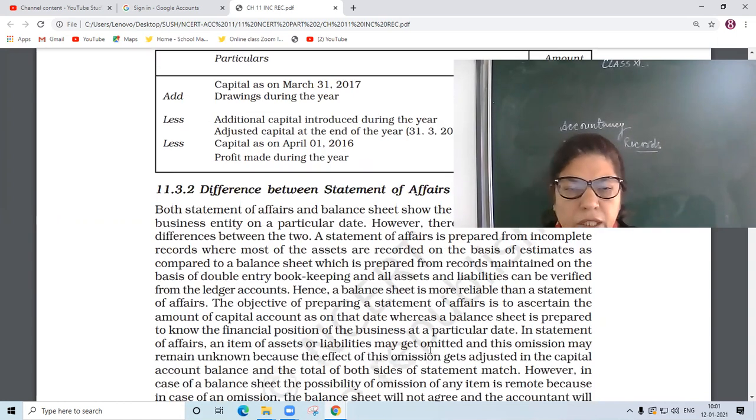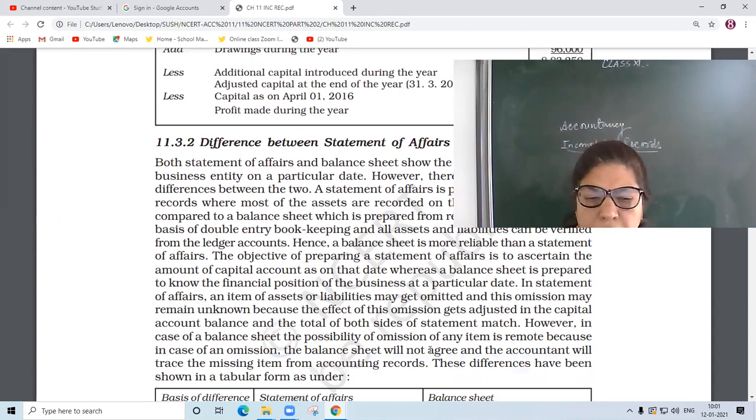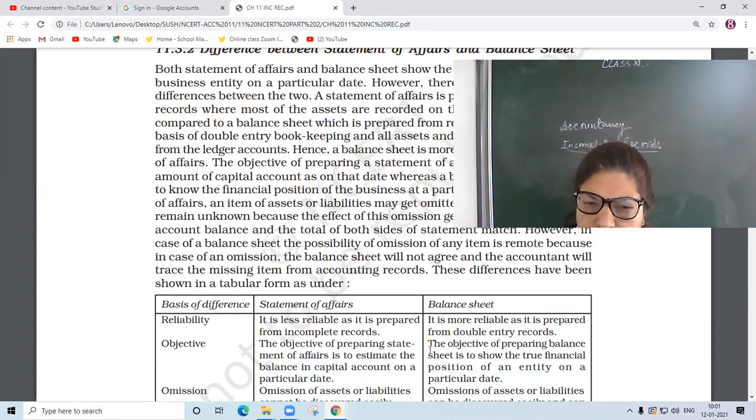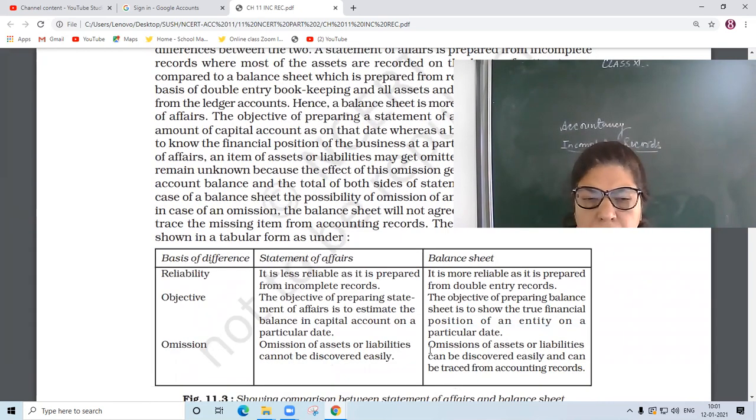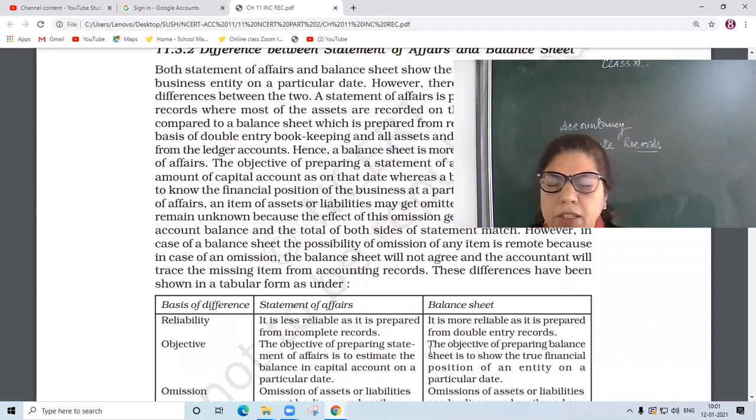Now the question is, what is the difference between statement of affairs and balance sheet? Just now we discussed that the statement of affairs is also divided into 2 parts. One is assets and another is liabilities. So maybe there is the question, why is the statement of affairs not known as a balance sheet? Very simple.